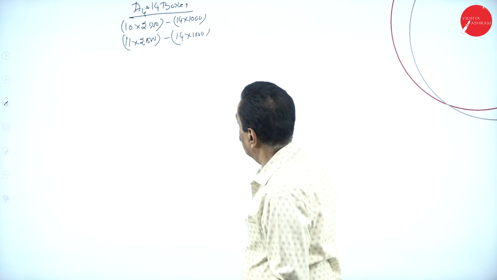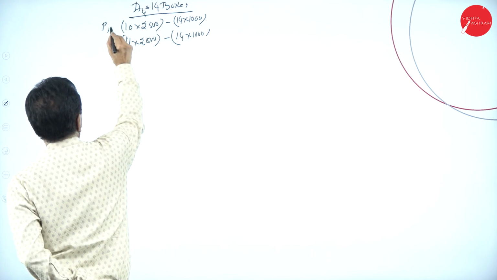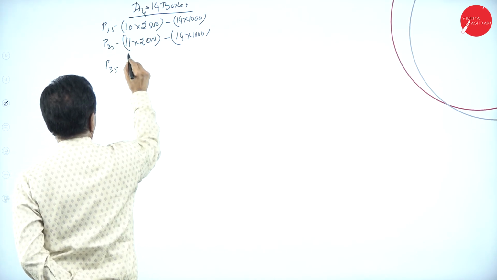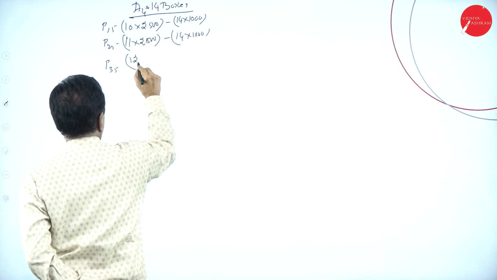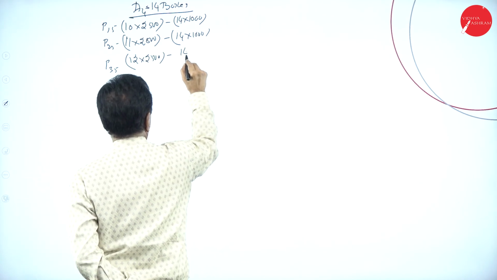This goes in favor of P15, P25, P35: 12 into 2,500 minus 14 into 1,000.